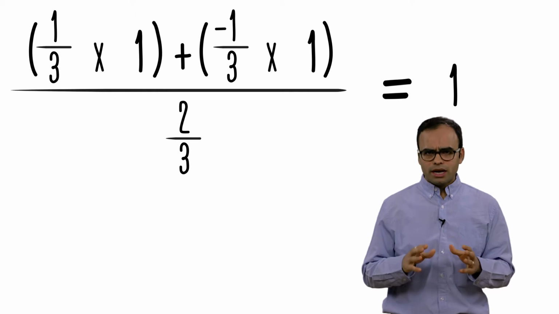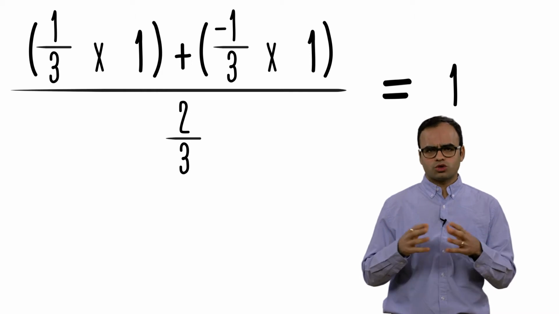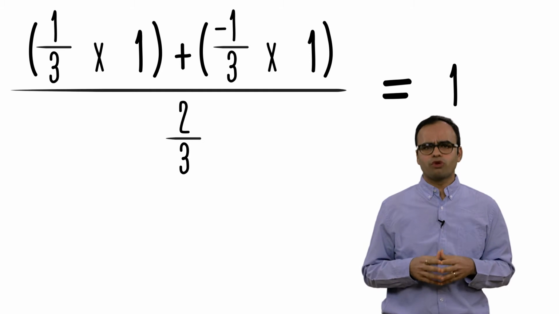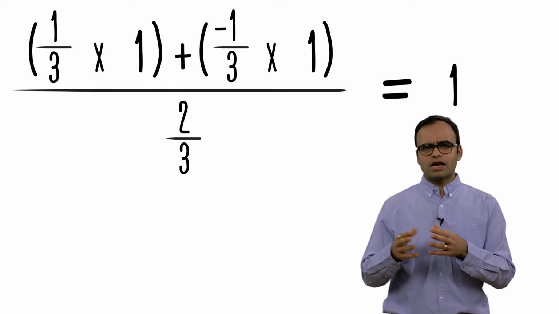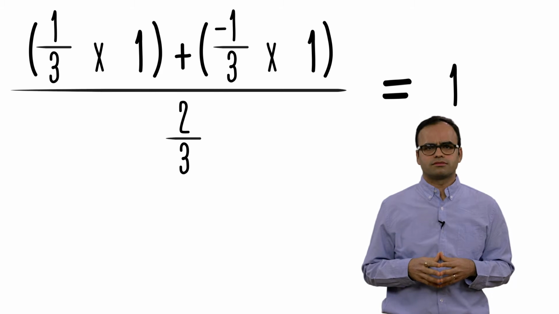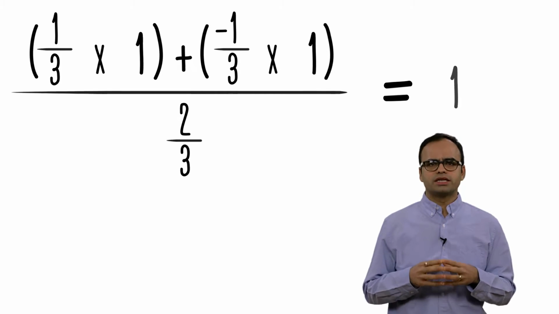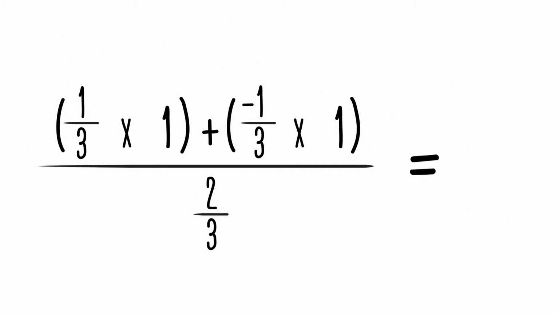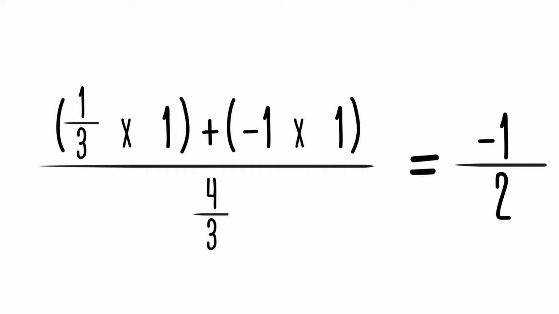But now suppose Philip actually had liked Iron Man and Philip's similarity to me was -1 rather than -1 over 3. Then the prediction, just quickly recalling the same calculation with different numbers, is 1 over 3 times +1 plus -1 times +1, and this whole thing divided by 4/3. This, after a simple calculation, will turn out to be -half.